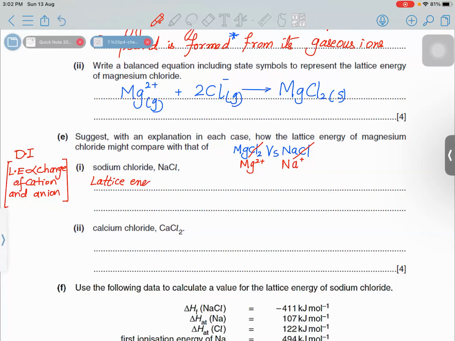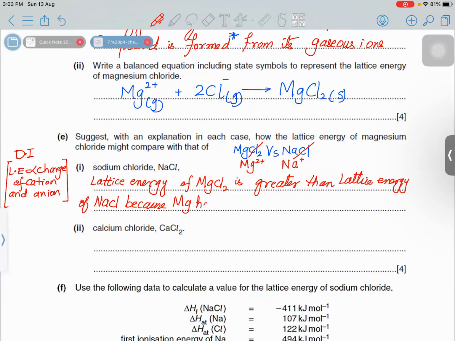So lattice energy of MgCl2 is greater than lattice energy of NaCl, because magnesium has more plus 2 charge than Na plus 1.